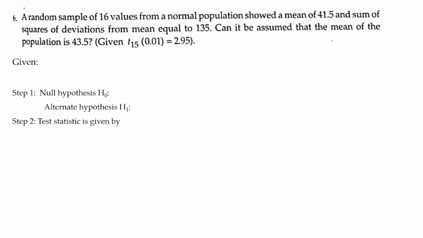So first let us write what is given. n equal to 16, sample mean is 41.5, the sum of the squares of deviations from the mean is 135, and the population mean 43.5.